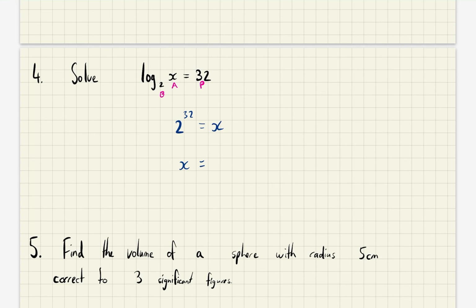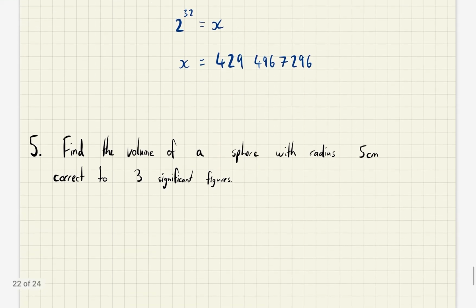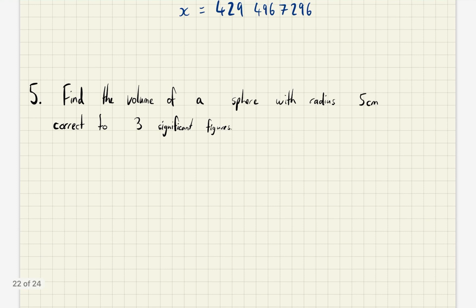So I just type into my calculator, what's 2 to the power of 32? And that will give me my answer. Oh, it's a big long number. It is 4,294,967,296. Wow, that's massive. Yeah, that's the answer.